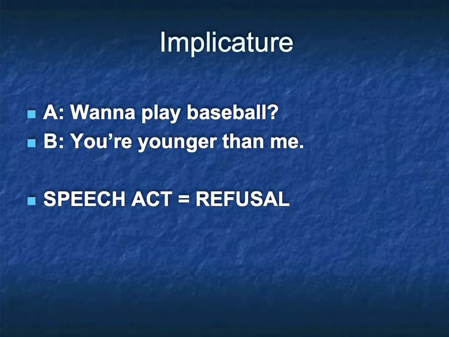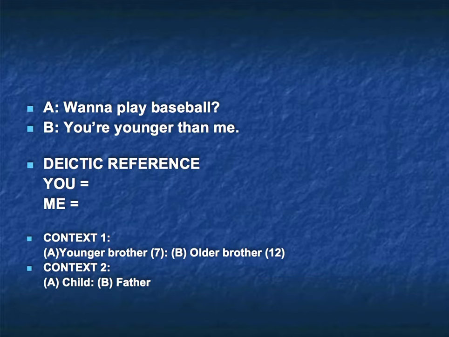That's one level of implicature, and we'll see that there's another level going on here. We see things in terms of speech acts: request, and then either acceptance or refusal. If we change the social relationships, we can see that the actual refusal is based on different understandings.